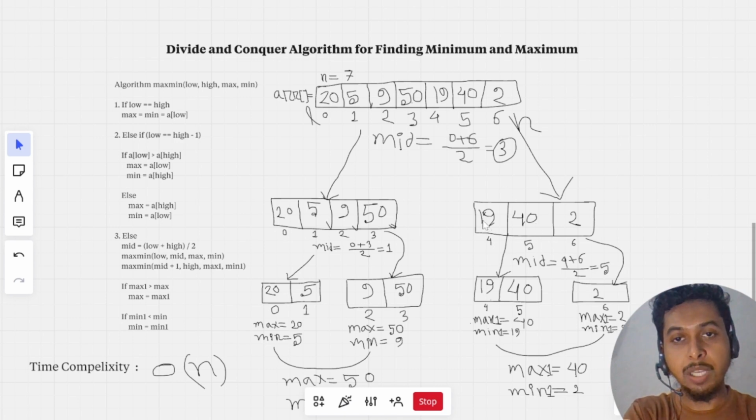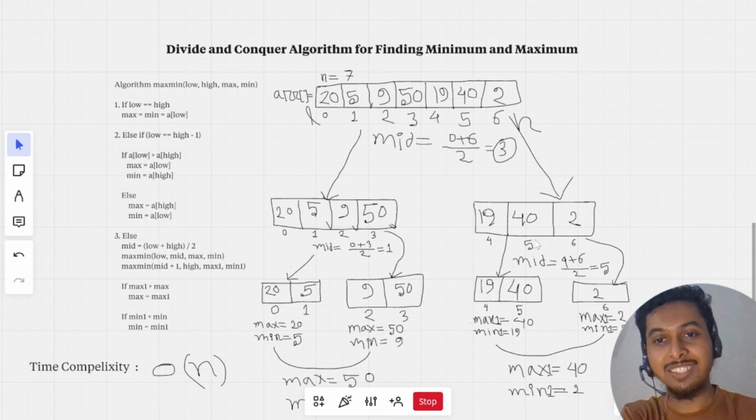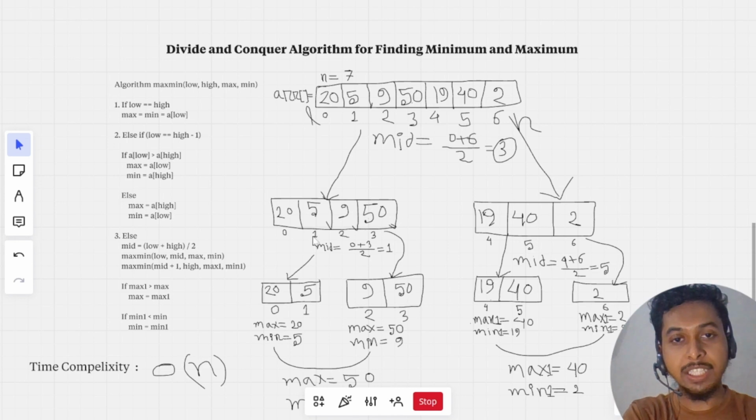And mid plus 1, that means 3 plus 1, 4, to high, 6, so mid plus 1 to high is the right subarray. So we recursively divide the subarray into two parts again and again.